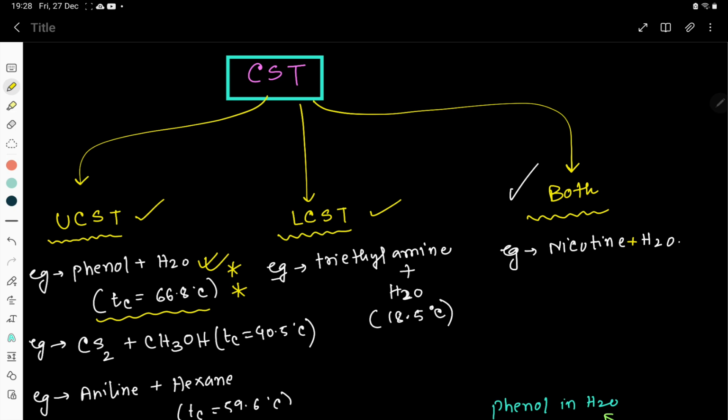Under LCST, that is lower critical solution temperature, the example is triethylamine plus water. And then under both, nicotine and water, we will also consider this.